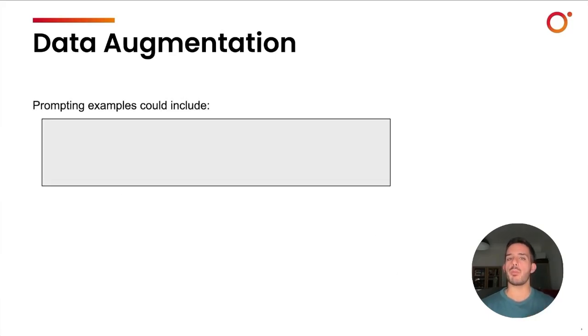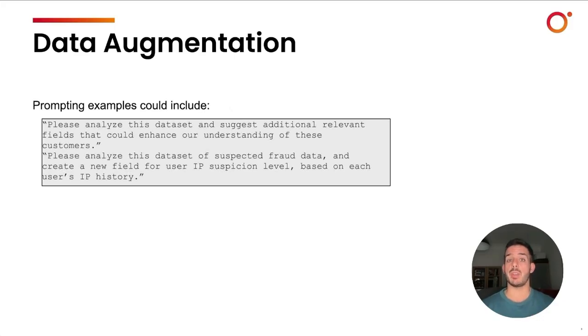What are some prompt examples for data augmentation with generative AI? Well, you could say, for example, hey, please analyze this data set and suggest additional relevant fields or features that could enhance our understanding of these customers. For example, if you're trying to draw customer insights by location, by purchase type, and so on.